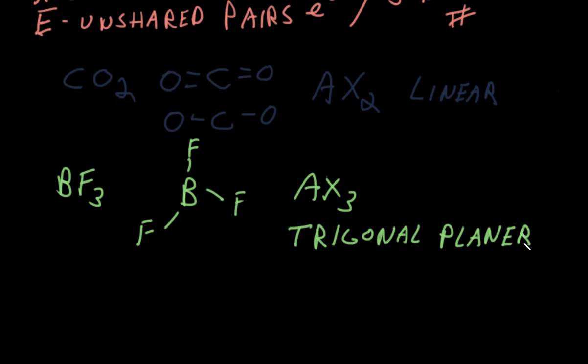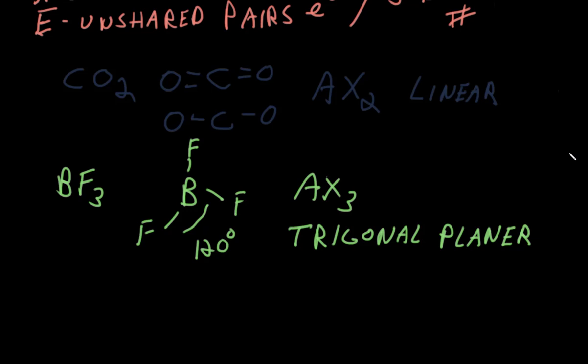And the bond angle between these is going to be 120 degrees. So when you get to an AX3, that is trigonal planar.